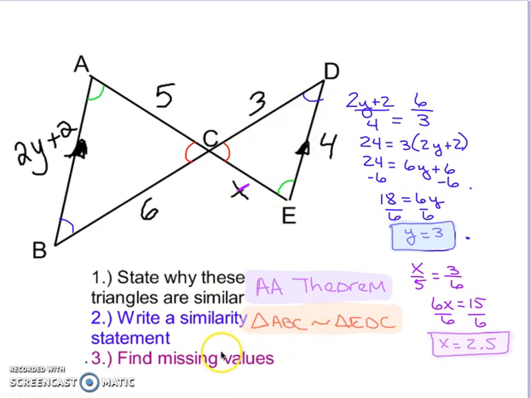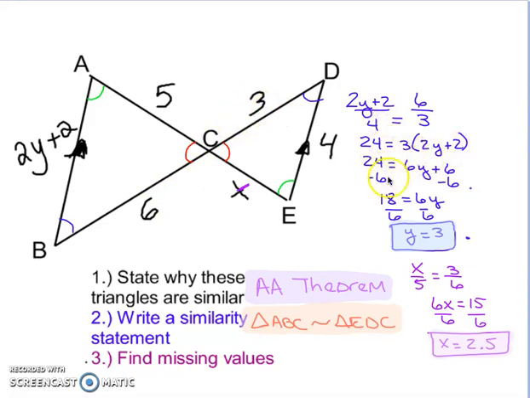And then to find our missing values, we knew we had this y variable as well as this x variable. So for the y, right over here you can see my work. I took 2y plus 2 and put that over top of this corresponding side, which was 4, equals 6 over 3. You could have set yours up a little differently, but that's how I set mine up.